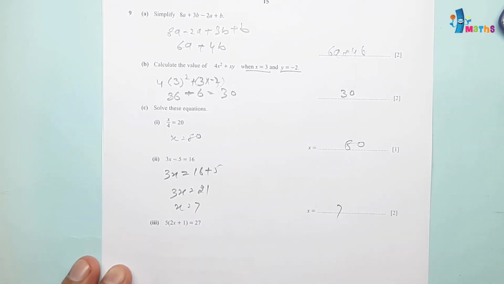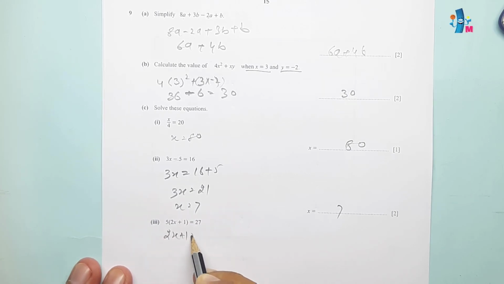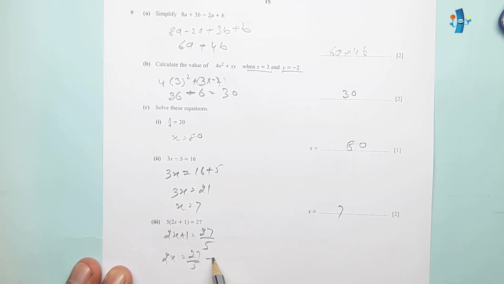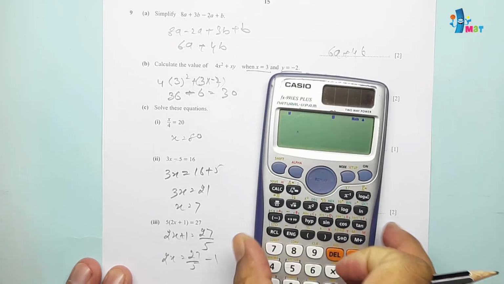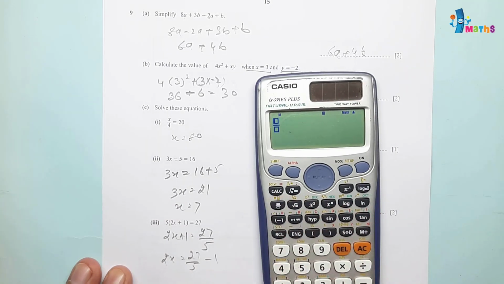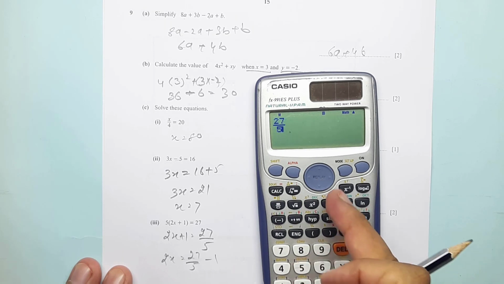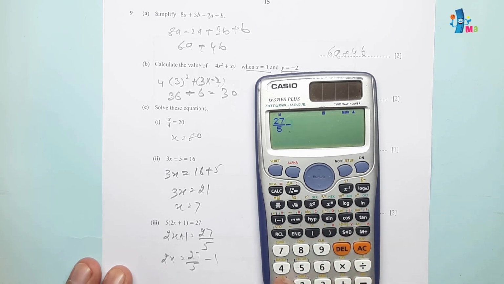Similarly, we can simplify this one. 2x plus 1 is equal to 27 over 5. So 2x is equal to 27 over 5 minus 1. So we can simplify this. So this will be 27 over 5 and minus 1.